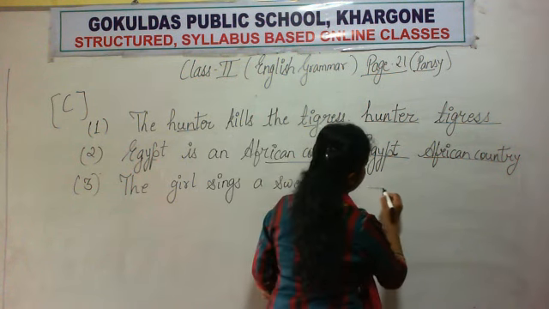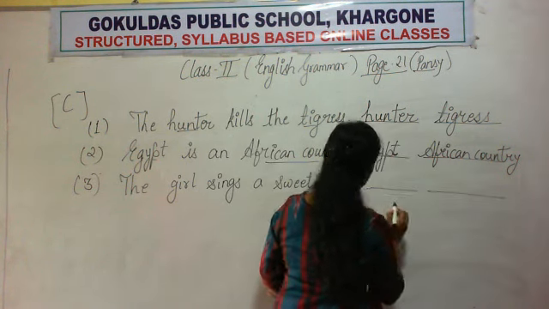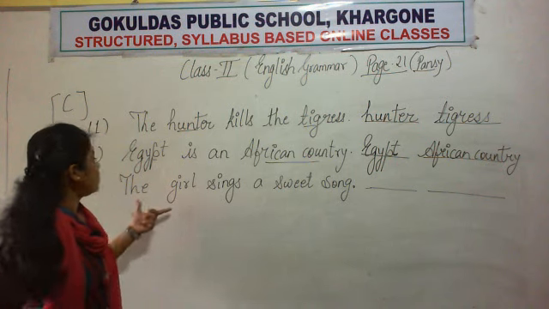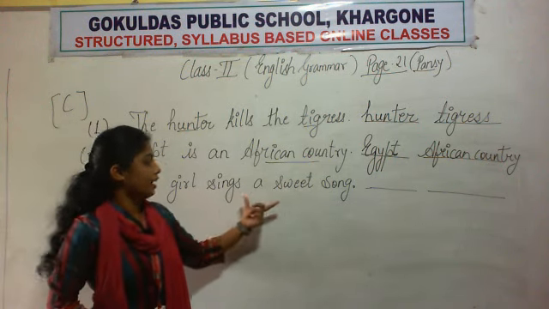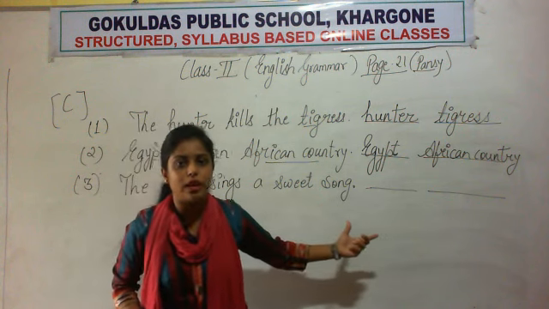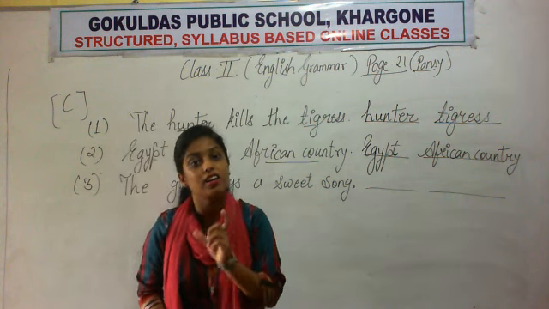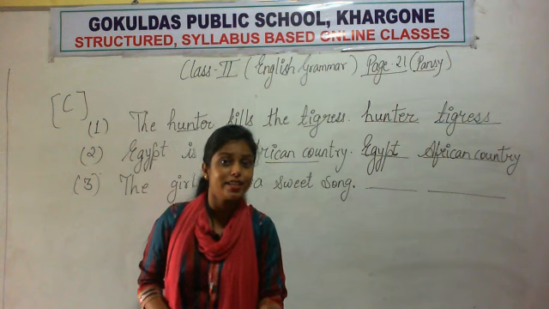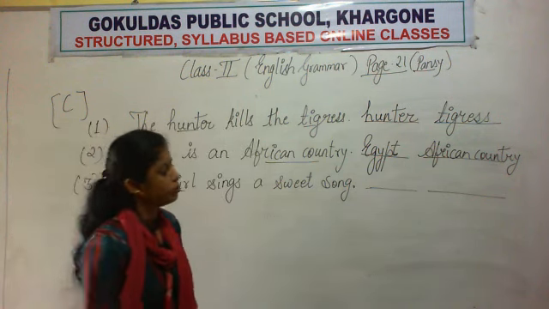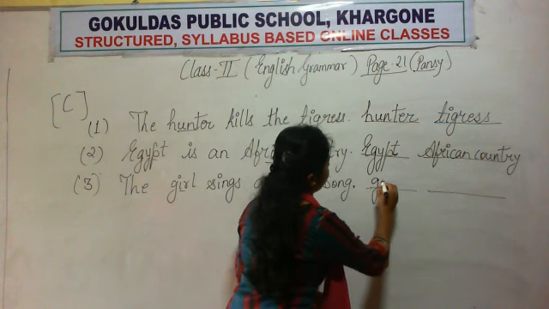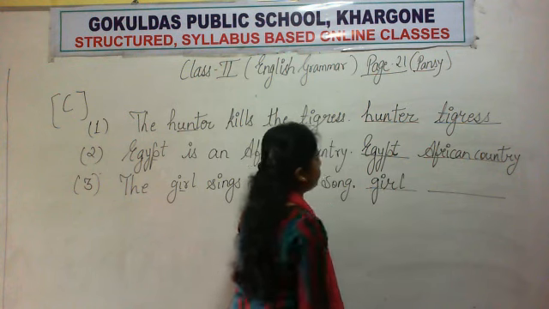Girl. So the girl, लड़की, sings, गाती है, a sweet song, एक sweet song गाती है. So who is singing? The girl. So the girl is a person. Yes, we know that. So girl is a noun. Yes or no? Girl is a noun. So girl. Okay.